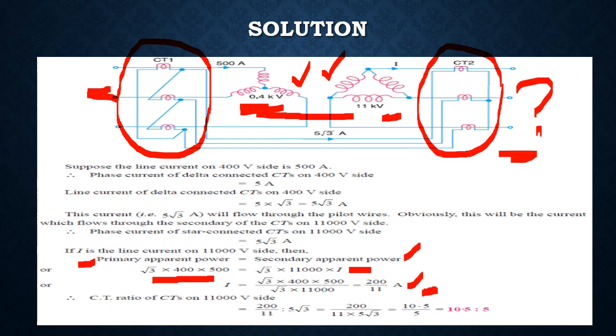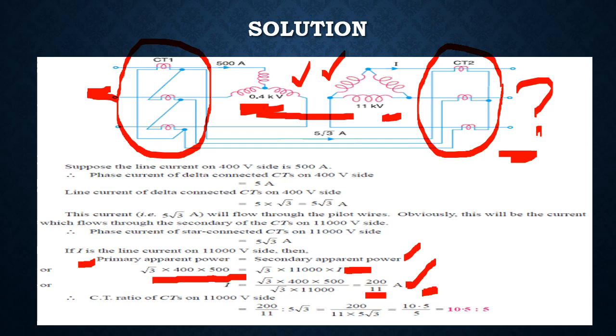Let IL on the secondary side, which is unknown, be I. By this calculation, we get the line current of the 11,000 volt side as 200 by 11 amperes. This is nothing but the primary current of the CT which is placed on the 11 kV side.